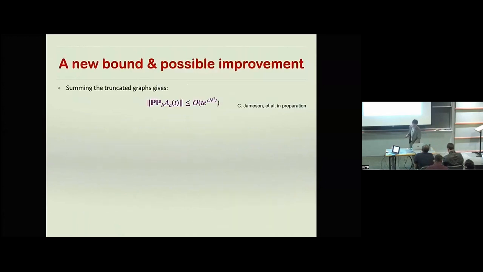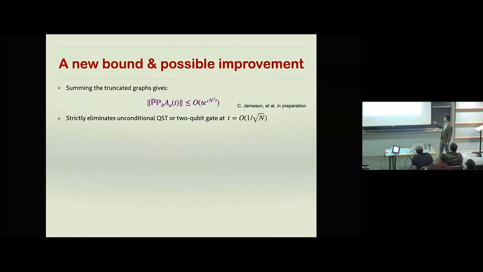Of course, I'm sweeping a lot of derivations under the rug, but at the end of the day, once you sum these truncated graphs, you get a bound that is convergent. It gives you a t and then an exponential of n squared of t. What that means is that it strictly eliminates unconditional quantum state transfer or a two-qubit gate at this 1 over square root of n time.